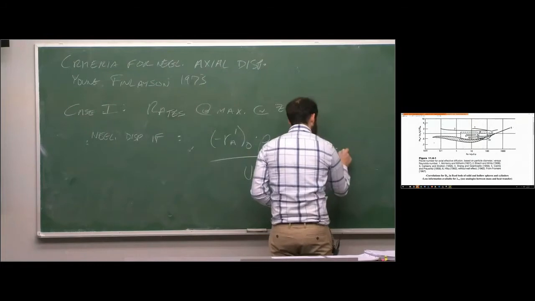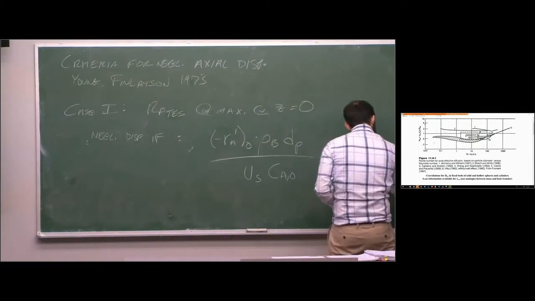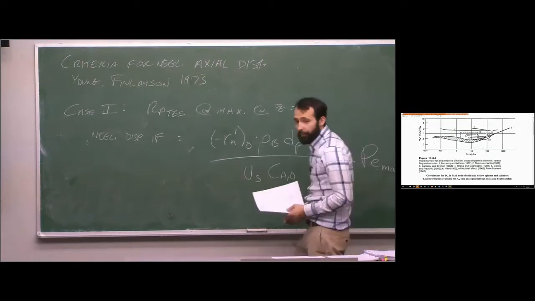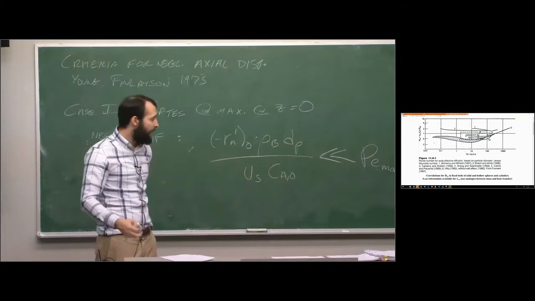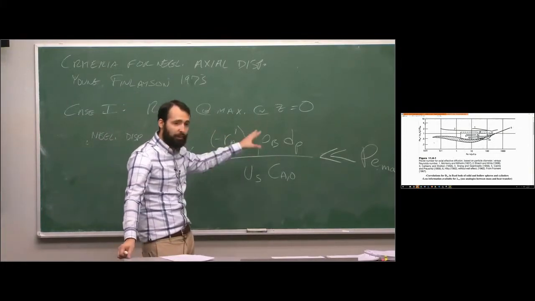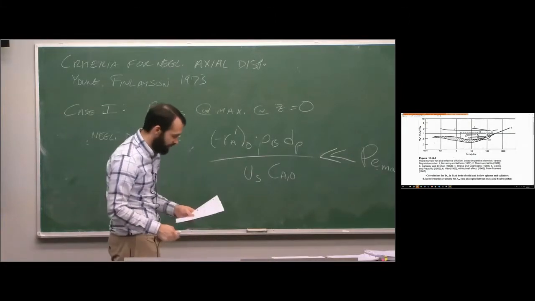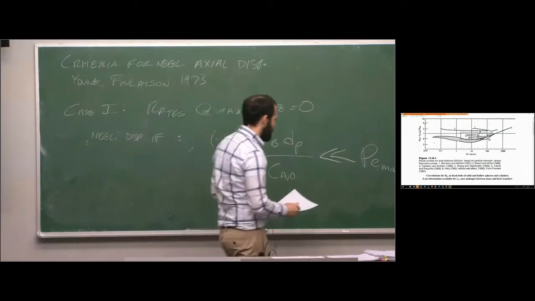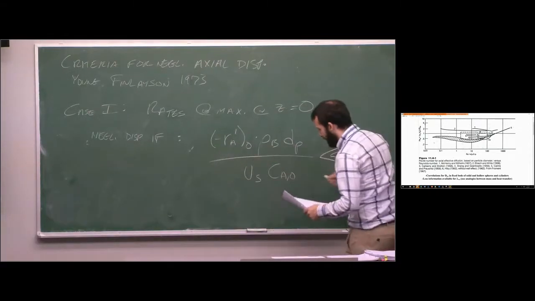If that is much, much less than the Peclet number, okay? So we've talked about how to calculate that Peclet number. Now these are some things specific to our system which we can look at to determine if we have to worry about axial dispersion. Again, we want this to be very, very small.